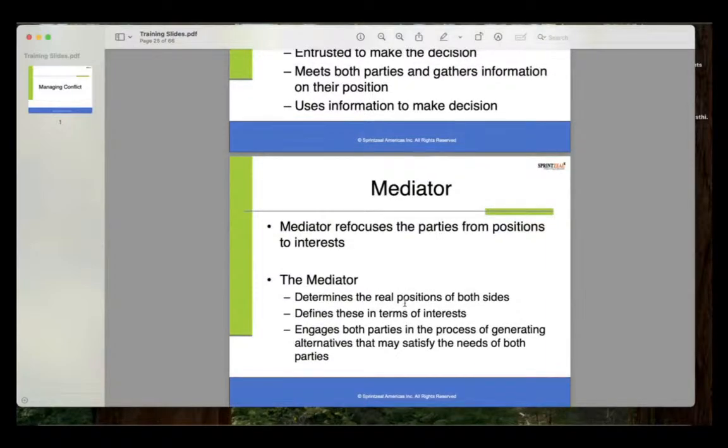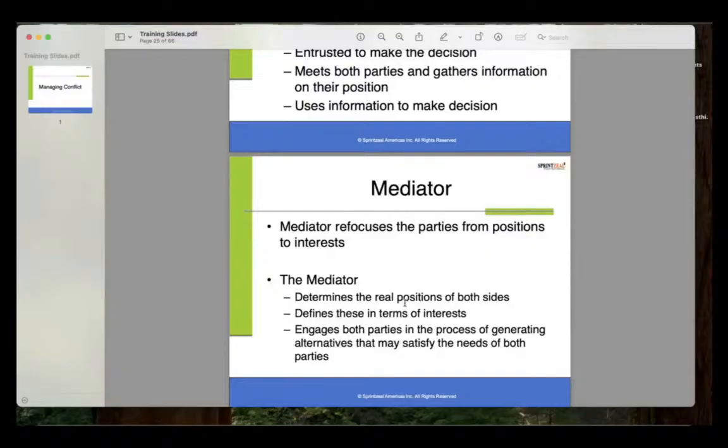The mediator refocuses the parties from positions to interests. This is the role of the mediator, as we can see by the name also. This is the mediating person who refocuses the parties from positions to their interests.